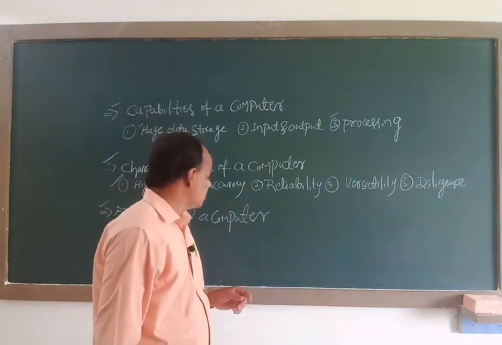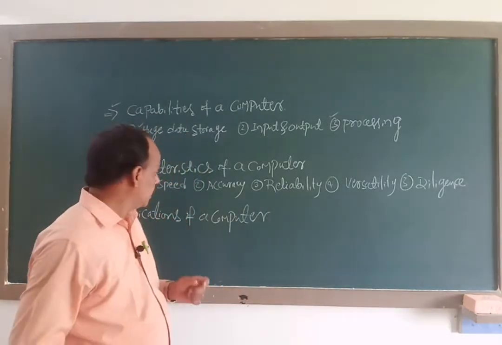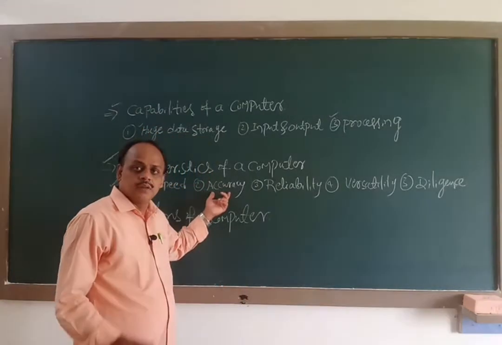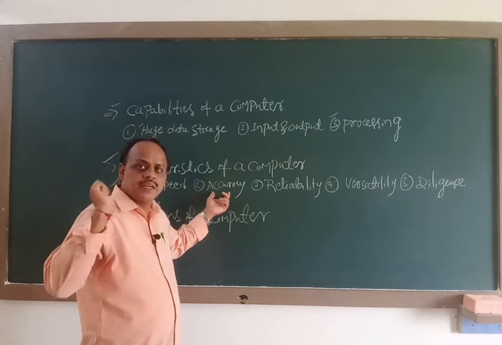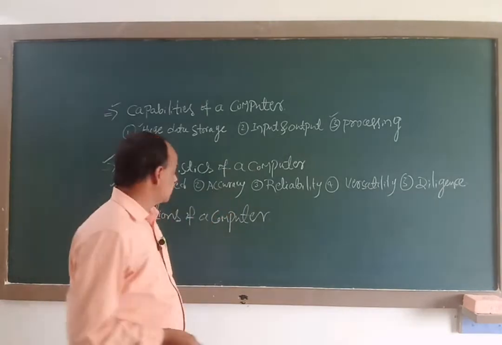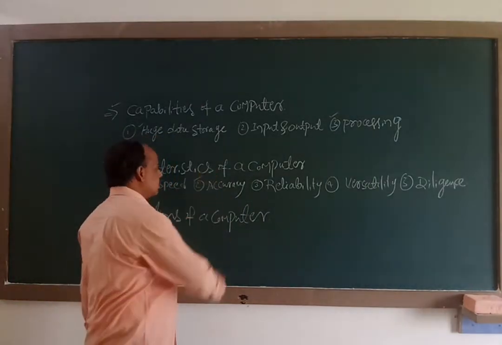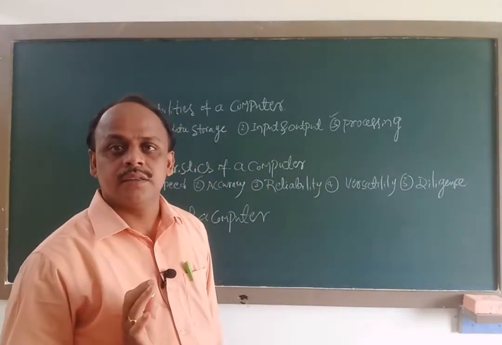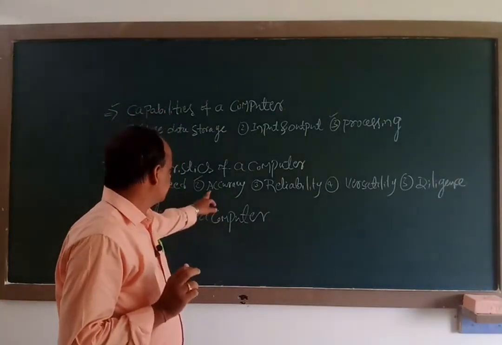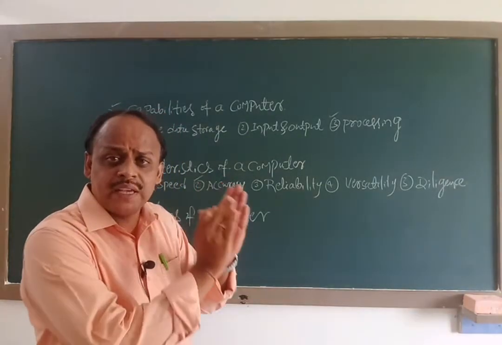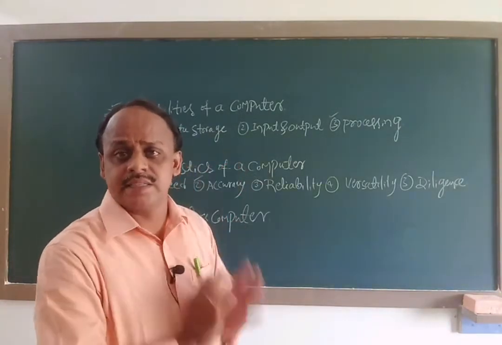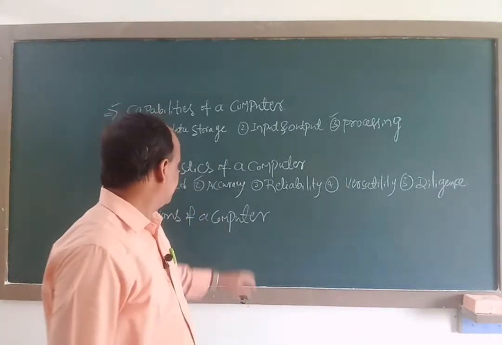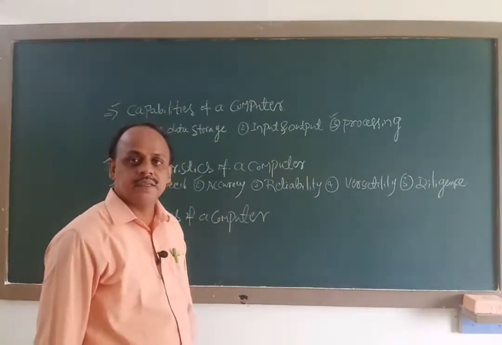You can check any number of times, and it produces accurate, correct results every time. It does not provide a wrong result when the instruction is clear. So this is called accuracy. It means it always gives 100% correct results. That is called accuracy.